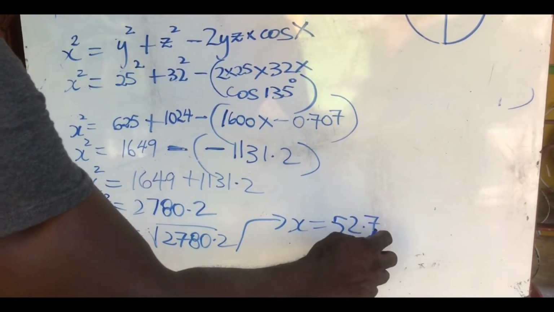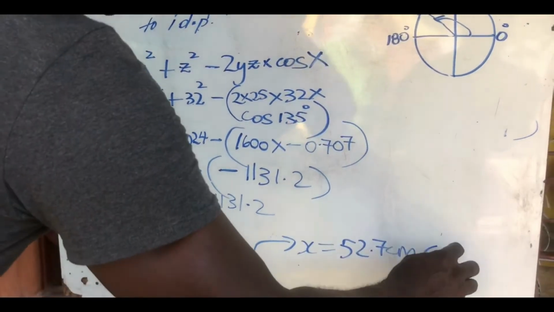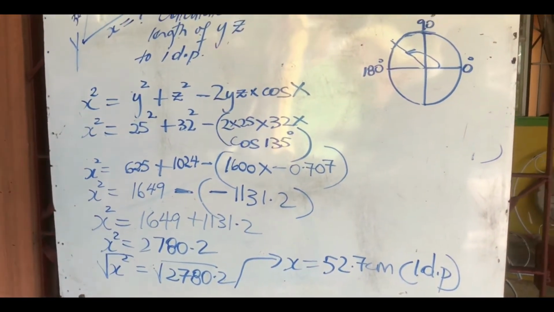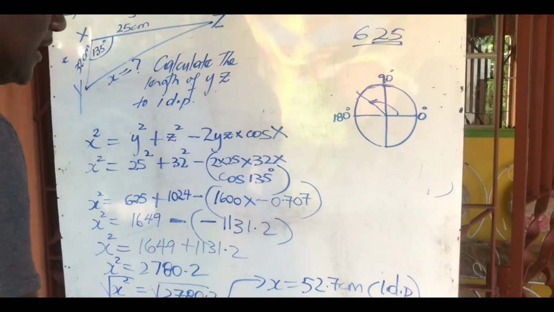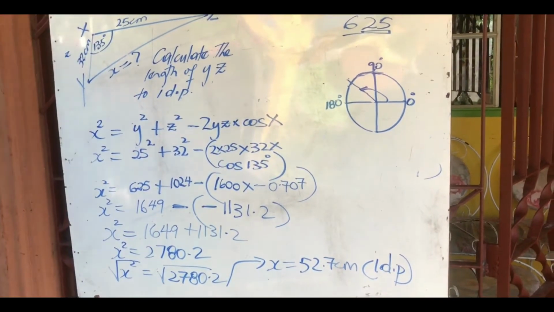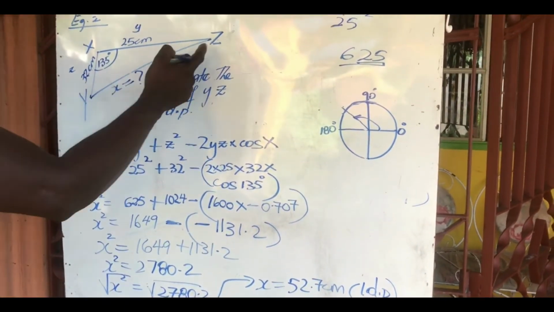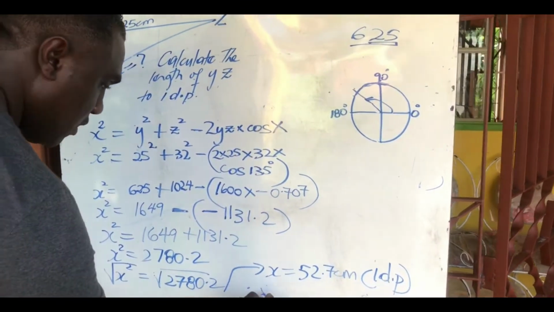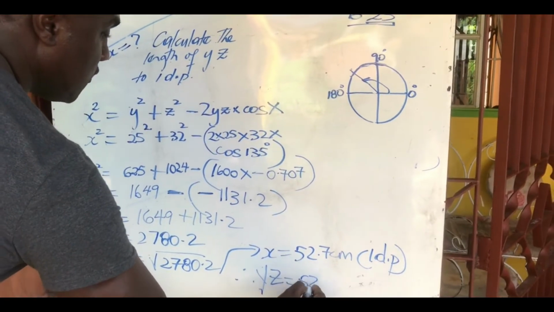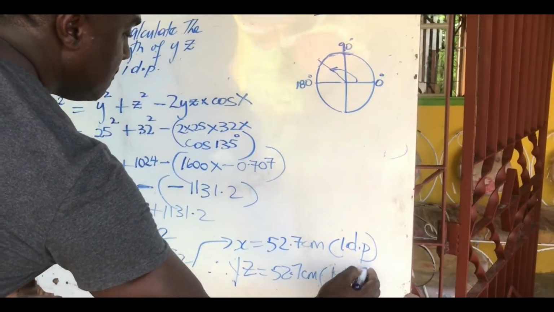So it's 52.7 centimeters correct to one decimal place, because it is not equal to 52.7; it is an approximation. And so we have to state that it is correct to one decimal place. So therefore, since we set out to find YZ, which is the same thing as x, we can write, therefore, YZ equals 52.7 centimeters correct to one decimal place.